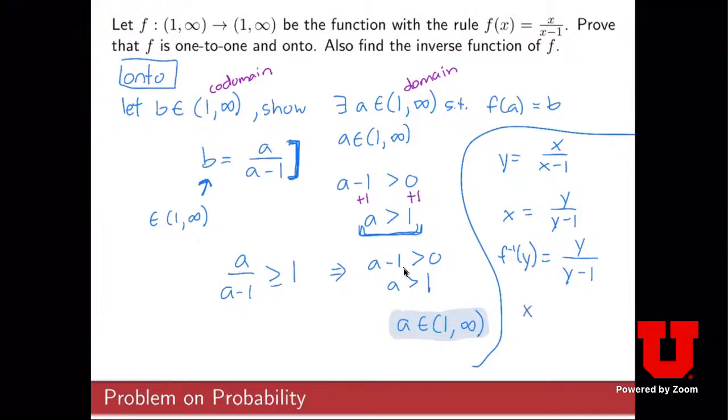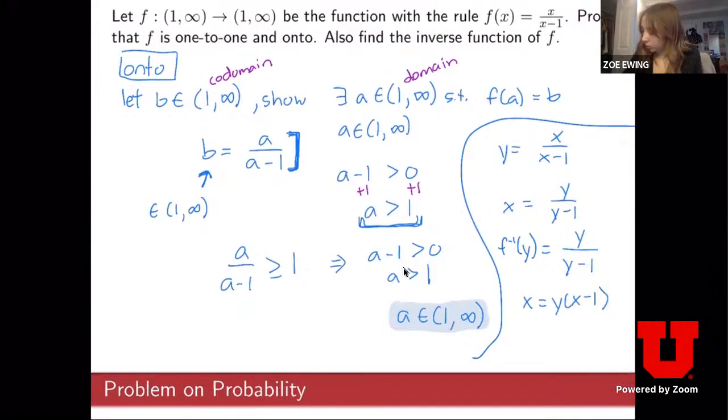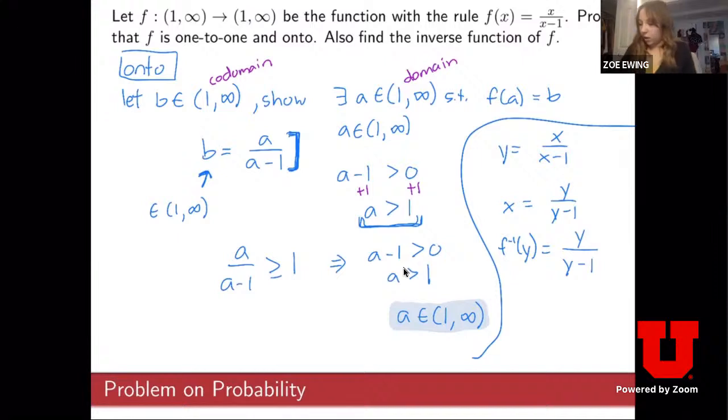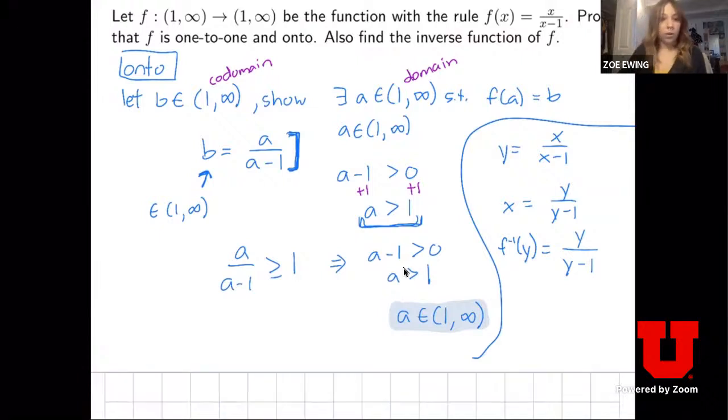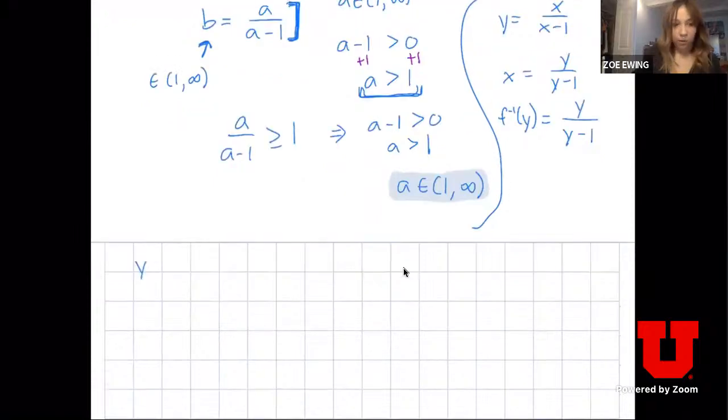If we had x equals y times x minus 1, and then switch the variables, we would have y equals x times y minus 1. Oh, so you need to switch the variables? Yeah, let's go ahead. I'm going to add in a new page here real quick and we'll do it. Okay, so in the chat we had y equals x over x minus 1.